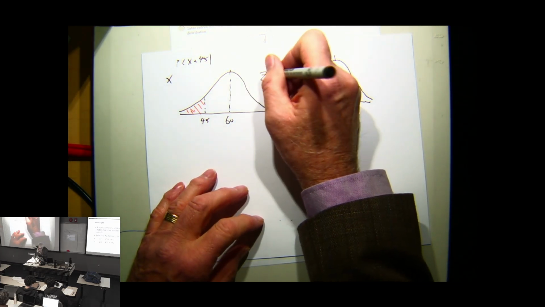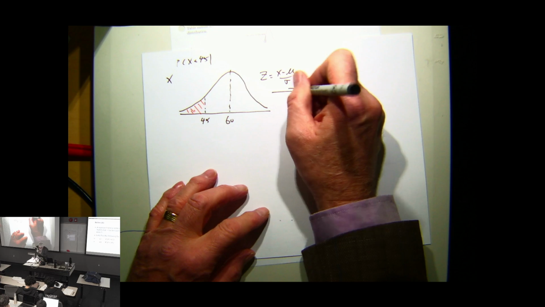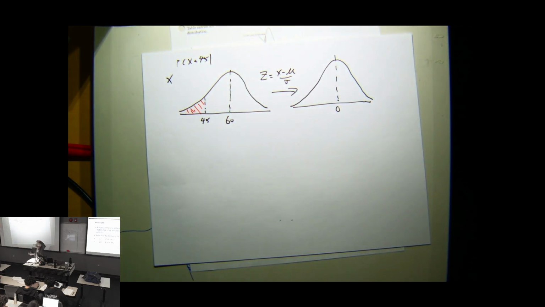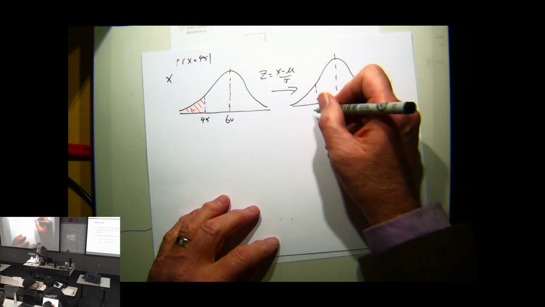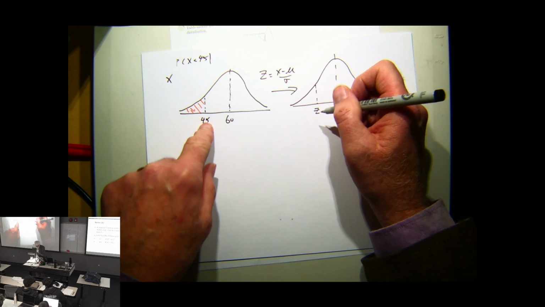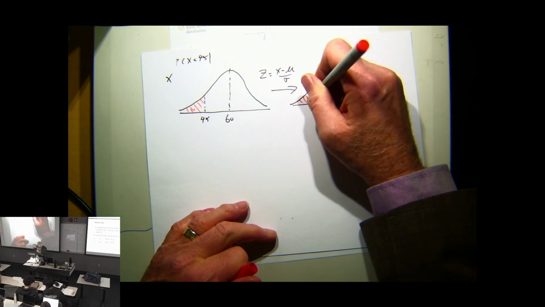So again, making this transformation, z equals (x minus mu) over sigma, I go from there to there. There is a z value here which corresponds to that 45, where this area is exactly the same.